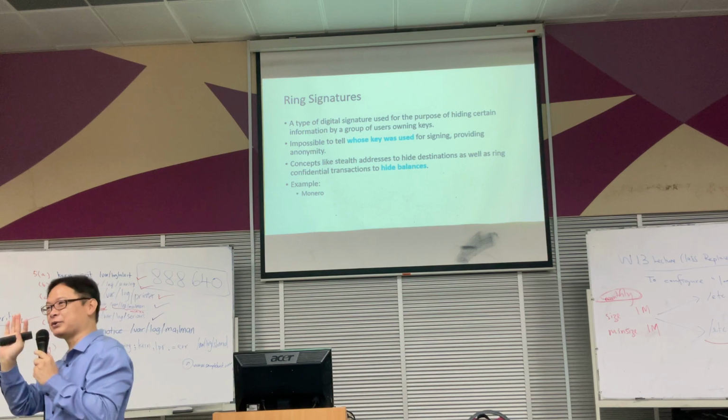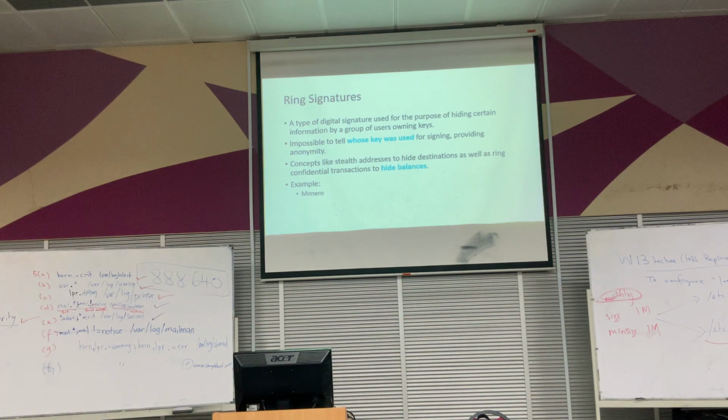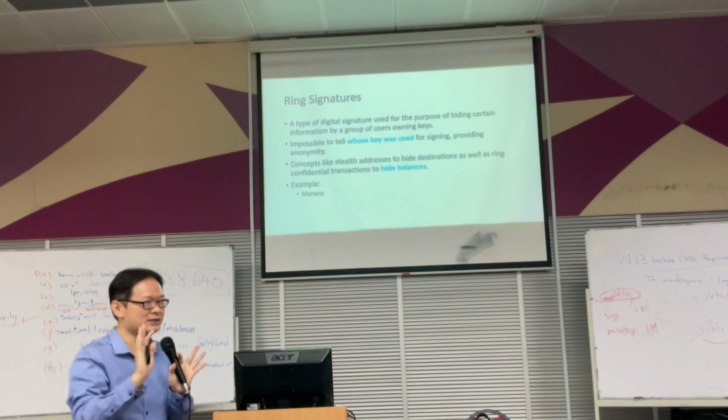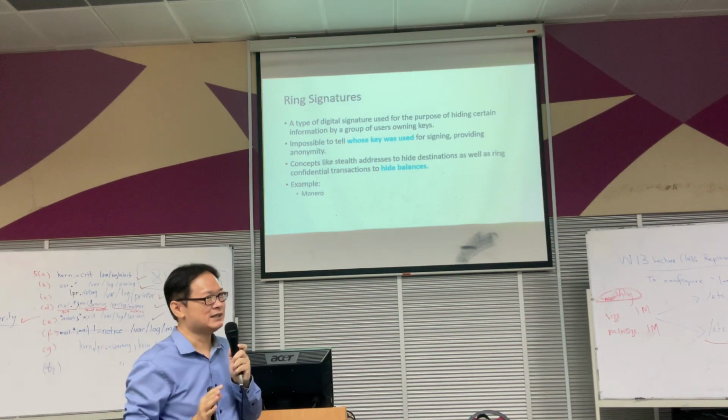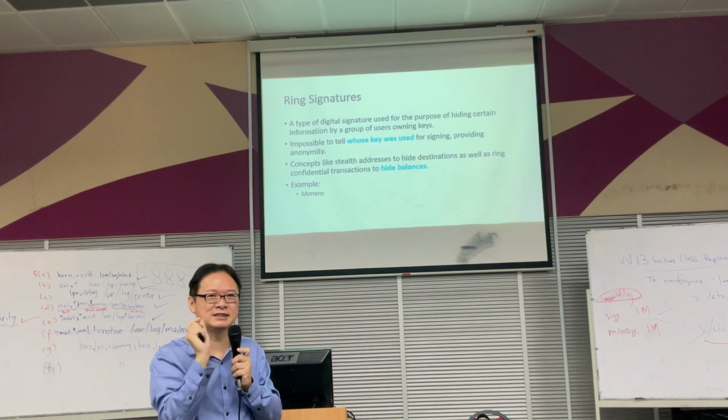All these cryptography related processes are called ringing. This is a very complicated process, very hard to understand. That's why I define it. So you need to sign the transaction in this way.